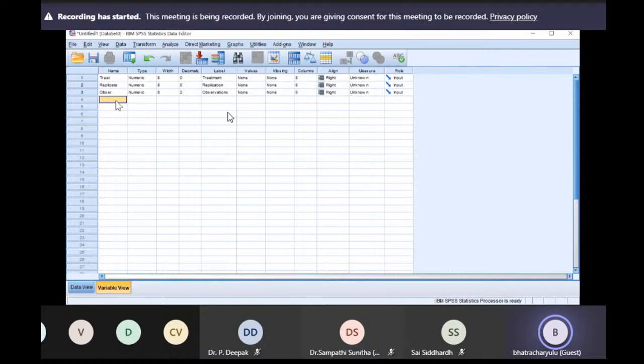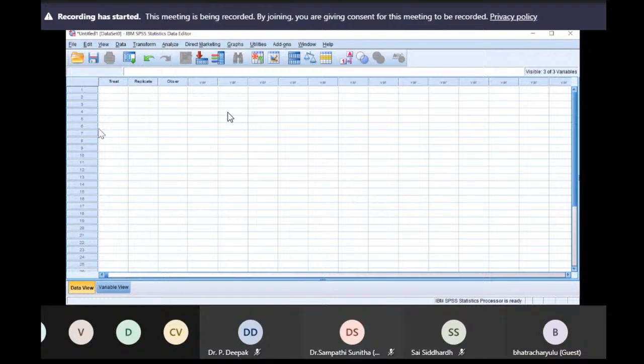Then go to the data view. In the data view, you are getting treatment, replication, and observations. Now for treatment A, you enter it in 4 rows.